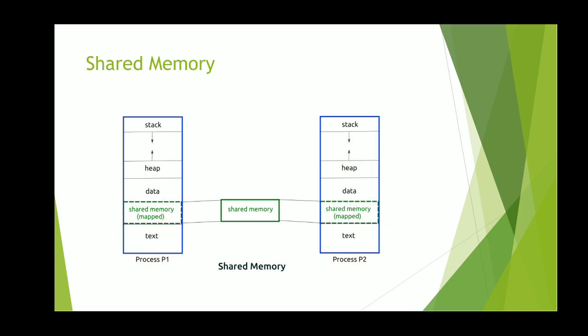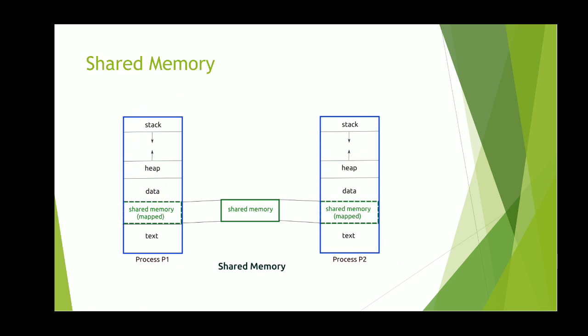And all these memories are private to each of process P1 and process P2. It means that process P1 cannot access the private memory segment of process P2, and process P2 cannot access the private memory segment of process P1.